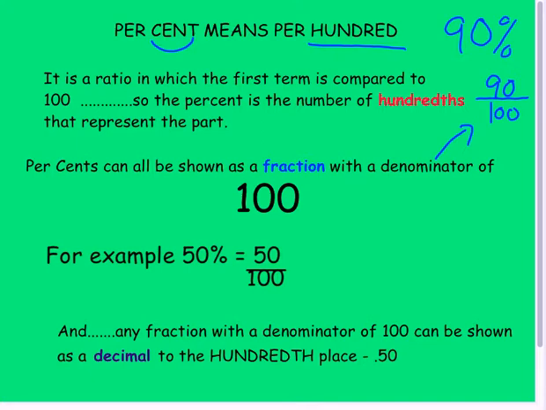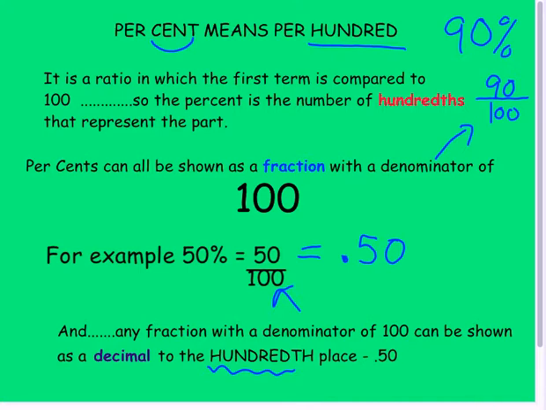So for example, 50% can be expressed as 50 over 100. And any fraction with a denominator of 100, so a percent, can be shown as a decimal to the hundredth place. So in our example here, 50% is the same as 50 over 100, which is the same as the decimal 0.50.